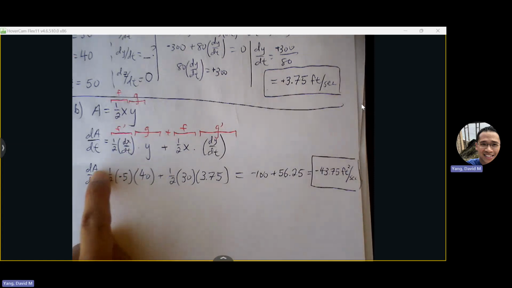Our units of measure: area is in terms of square feet, time is in terms of seconds, so square feet per second.